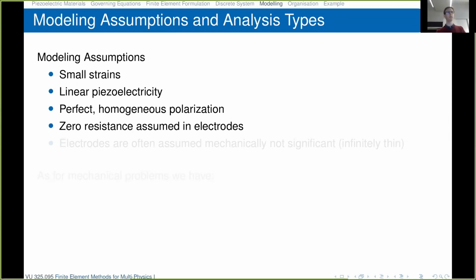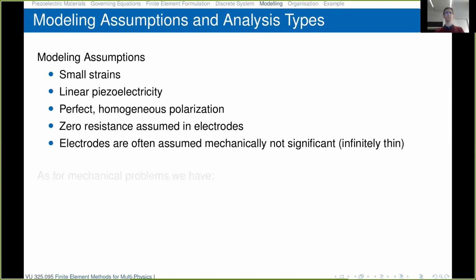We typically assume zero resistance in the electrodes, so we can model the electrodes as a constant potential at the surface. And often you also assume them as mechanically not significant. So you don't model mechanically a metal layer there. You say this is very thin, I don't have to consider its mass or stiffness. So it's assumed as infinitely thin.